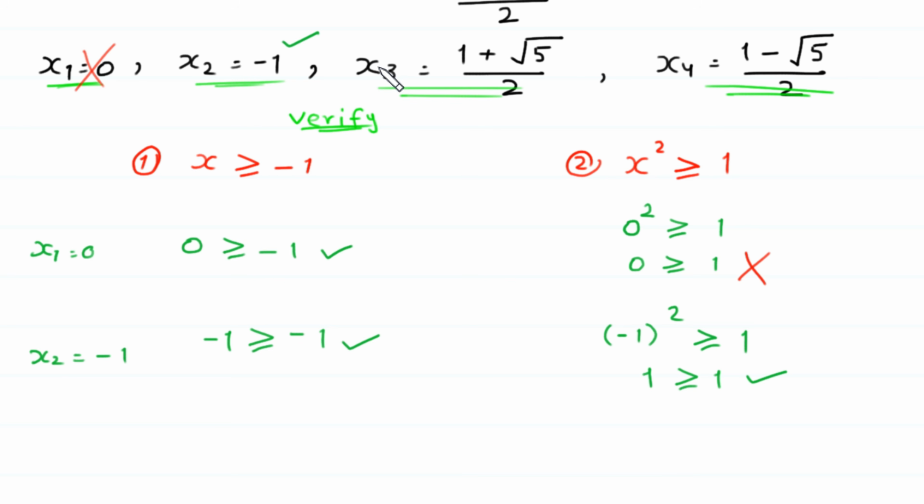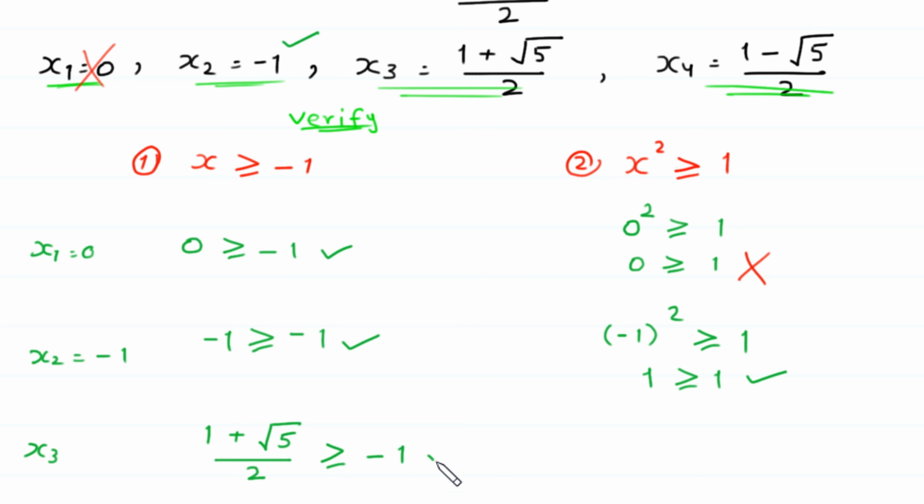Now we check this third value of x, (1 plus square root of 5) over 2. The value of x3 is (1 plus square root of 5) over 2. We put this value in this inequality, must be greater than or equal to negative 1. It is obvious that (1 plus square root of 5) over 2 is greater than negative 1.